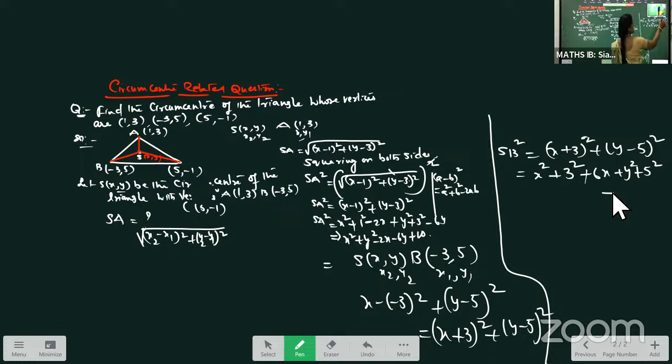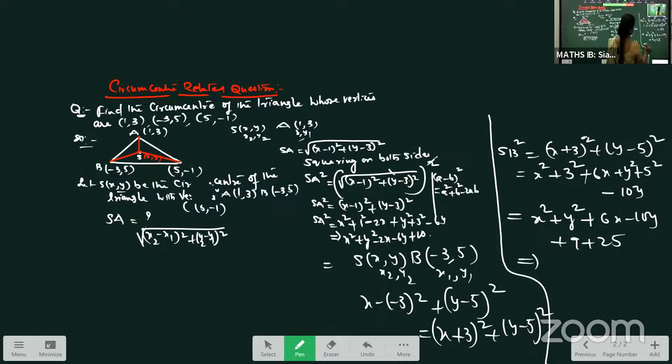You multiply like this so it will be easy: 2 times 5 is 10, 10 into y, 10y. Now write and simplify this. x² + y² + 6x − 10y + 9 + 25. Then you are getting x² + y² + 6x − 10y + 34. Once you go through this, we'll go for the next page.